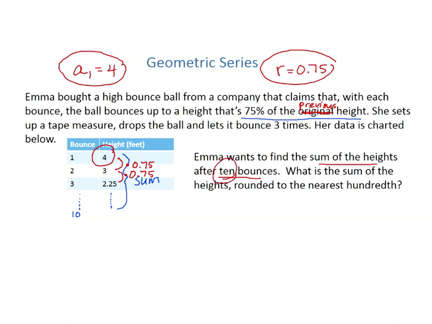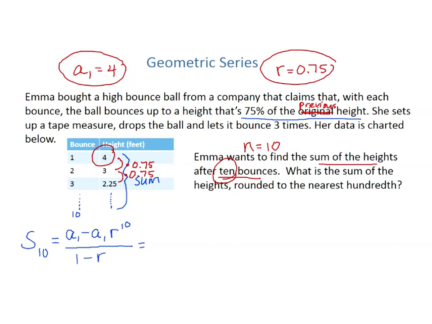So 10 is going to be our n. We don't have the last term of this sequence, so we're going to use that first formula, the one that looks like this. We're going to do S of 10 is equal to the first term minus the first term times r to the 10th, all over 1 minus r.